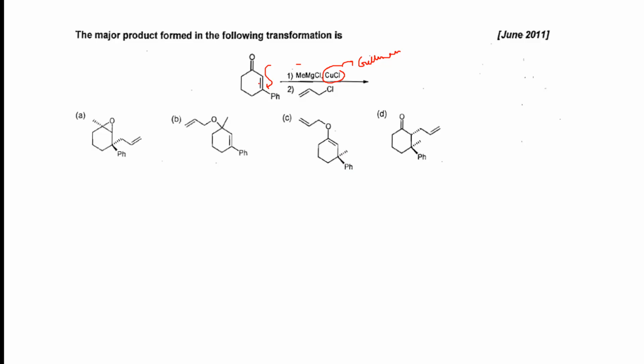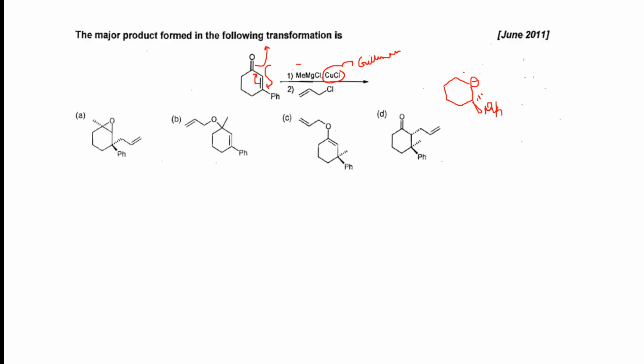It will open up, and suppose it approaches from below the plane, so it will go above the plane. This existing Ph will go above the plane, and the incoming group is below the plane.